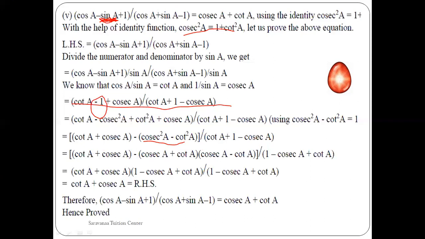Then cot A plus cosecant A, they are taking this and this as common outside, and then 1 minus cosecant A plus cot A. We get like that. Then the numerator and the denominator become similar, and they cancel both and get cot A plus cosecant A as the answer. RHS is also cot A plus cosecant A, hence proved.